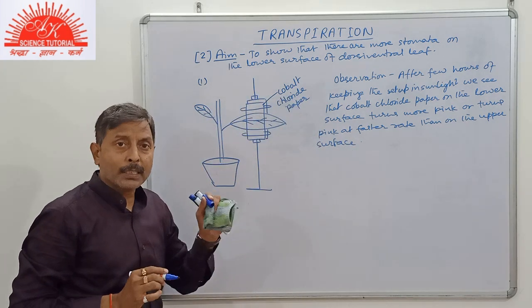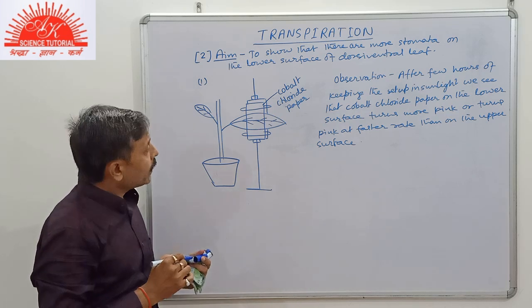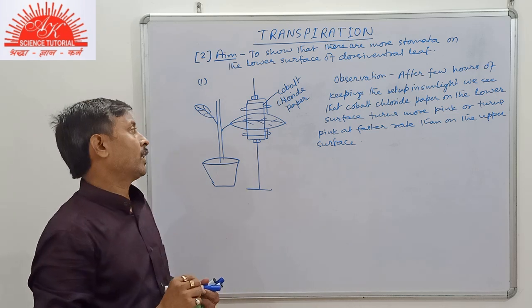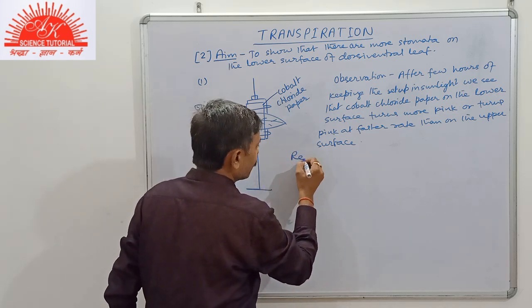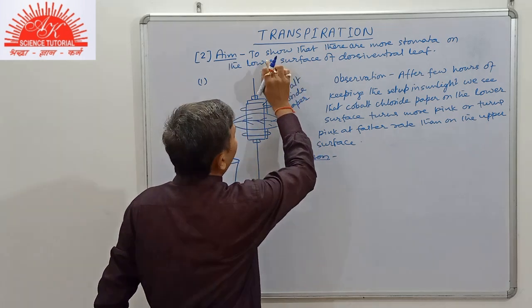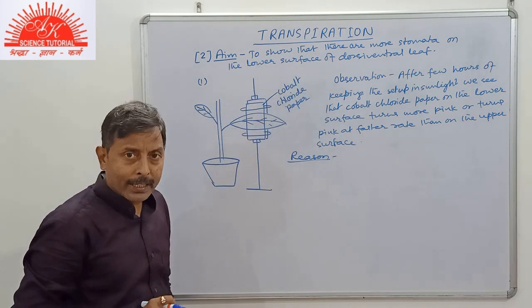But after explaining the observation, the question is asked to give a reason for the above observation. Then what is the reason? The reason is according to the aim of the experiment.